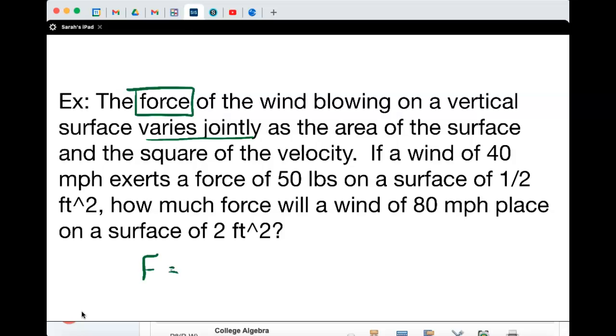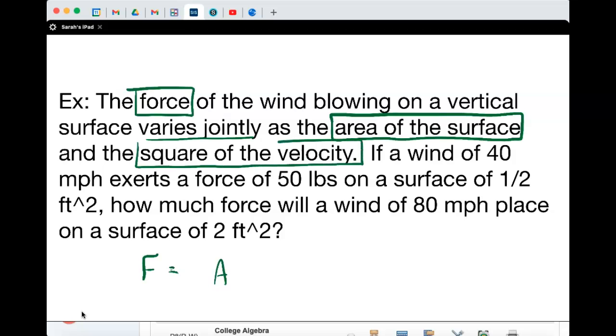So then the other piece of the information is area of the surface. And what letter do you want to represent area of the surface? I mean, it's area, so I'd use A. And they said, and the square of the velocity.